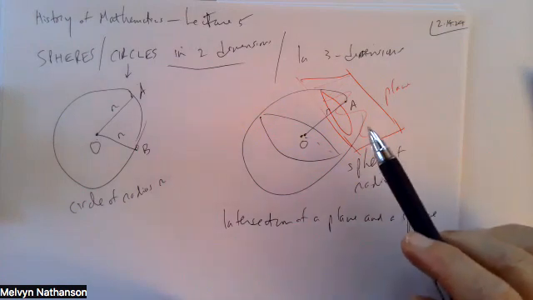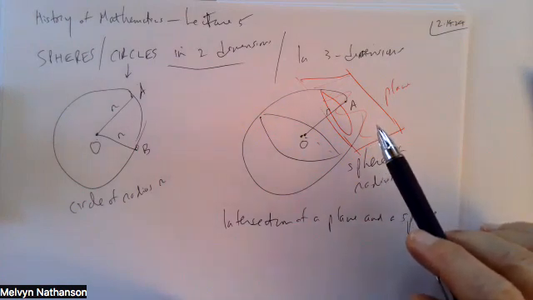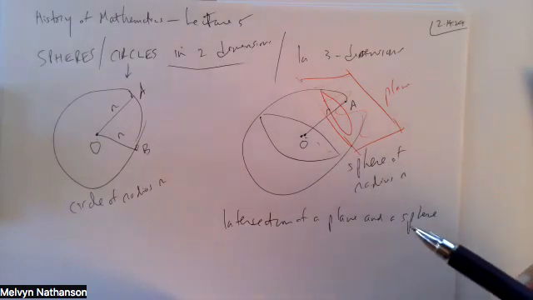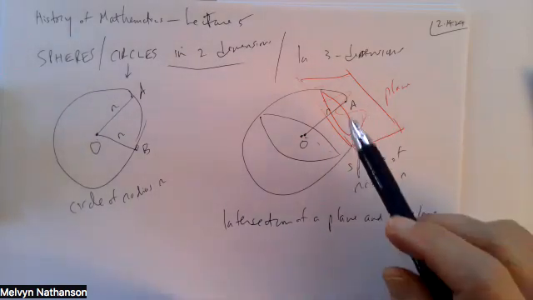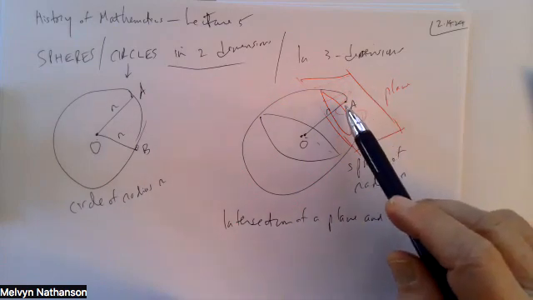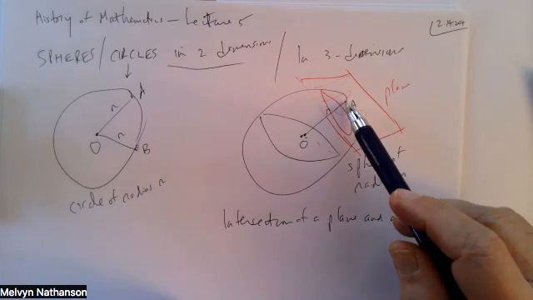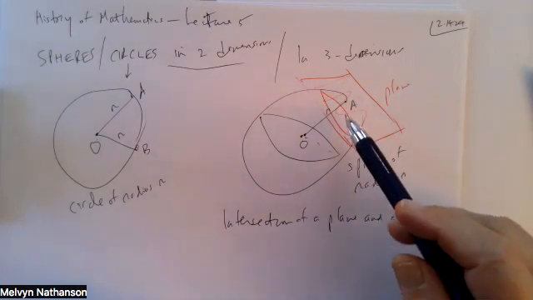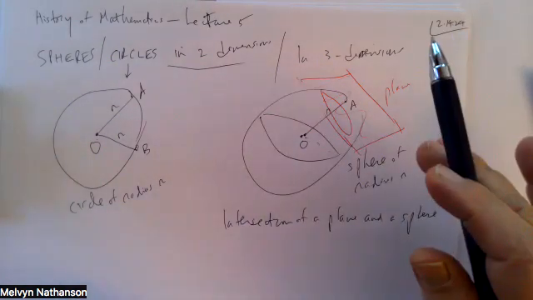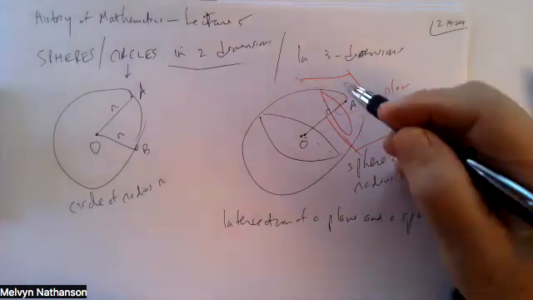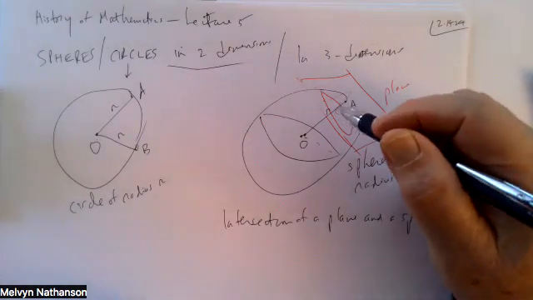The first is the plane doesn't touch the sphere at all, in which case the intersection is empty, there's nothing. The second case is the plane touches the sphere at just one point, it's tangent, and then you just have that one point. But the general case is the plane cuts the sphere at more than one point, and you get a circle, right?